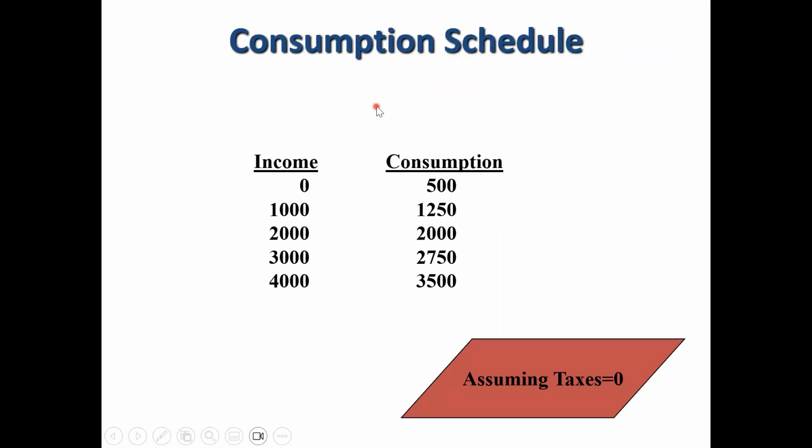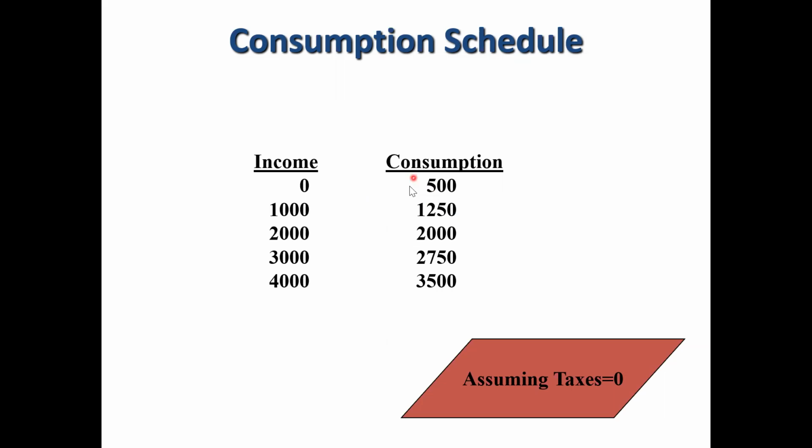And this is the consumption schedule. The consumption schedule is where we have values of income and values of consumption, and from these two we can obtain the formula or the equation. First we have zero income and a consumption of 500.